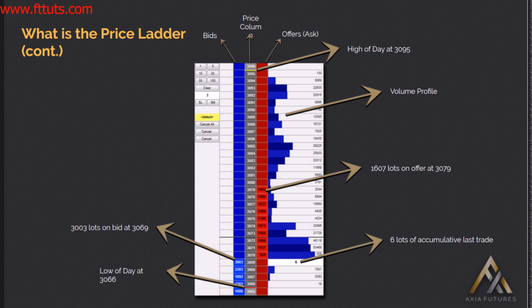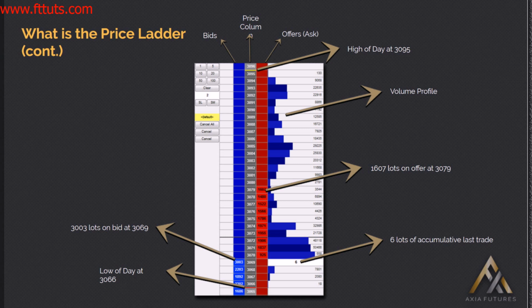Unless you have level 3 data, this is level 2 data, so you don't quite know what that 1,607 lots is comprised of. But at that price, at 3079, we have 1,607 lots, and that dynamically changes every split second, every second, and so forth. And that's on the offer, because this is the red side.